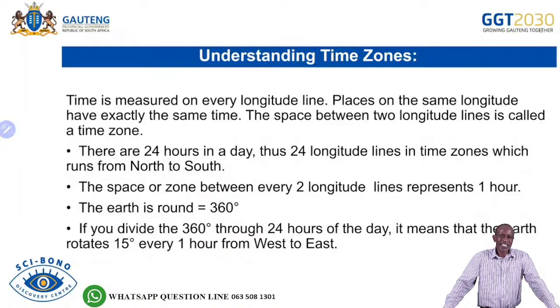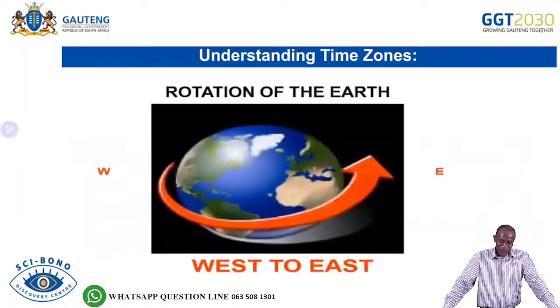So you must understand that the rotation of the earth is anti-clockwise. It rotates from left to right, hence west to east. So these are the few basics that you need to understand, grade 12 learners. Here is a picture demonstrating the rotation. It shows you that the rotation is from west to east.